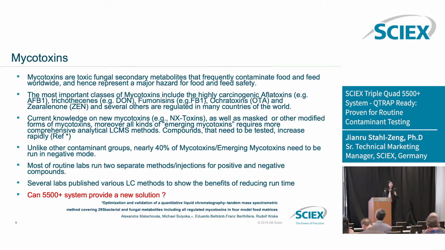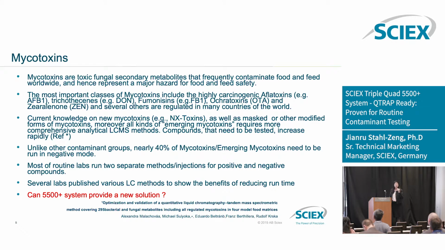But recently, if you look at newer research, you will see a lot of new mycotoxins. We call those emerging mycotoxins, which you did not know before, and sometimes they're called masked mycotoxins. What is that? That means the mycotoxin is very difficult to detect.